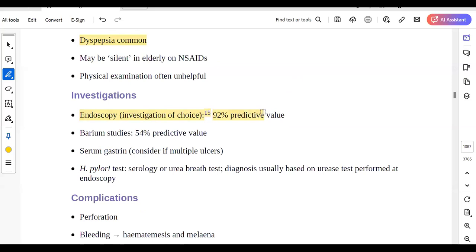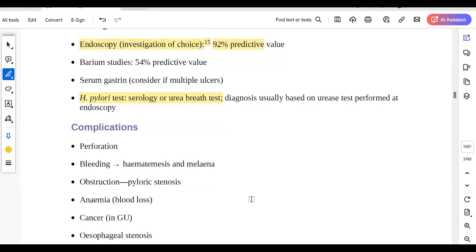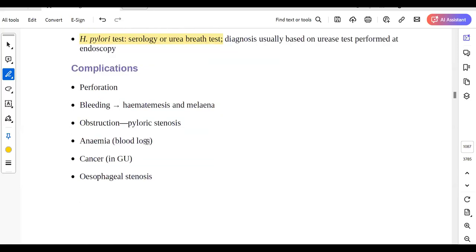The endoscopy will give you an idea of where exactly the ulcer is. Is it gastric or duodenal? Sometimes they can even take a sample and do the H. pylori test on that. If you want to check for H. pylori another way, then you either do a serology or a urea breath test. That's usually the investigation that we do.